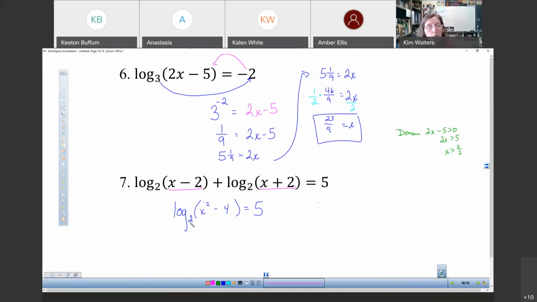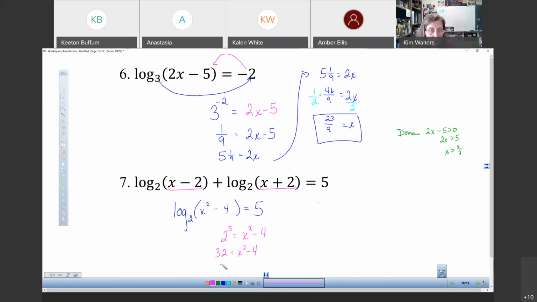So I have log base 2 of x squared minus 4 is equal to 5. Now I'm going to rewrite this: 2 to the 5th power is equal to x squared minus 4. And so this is going to be 32 is equal to x squared minus 4.